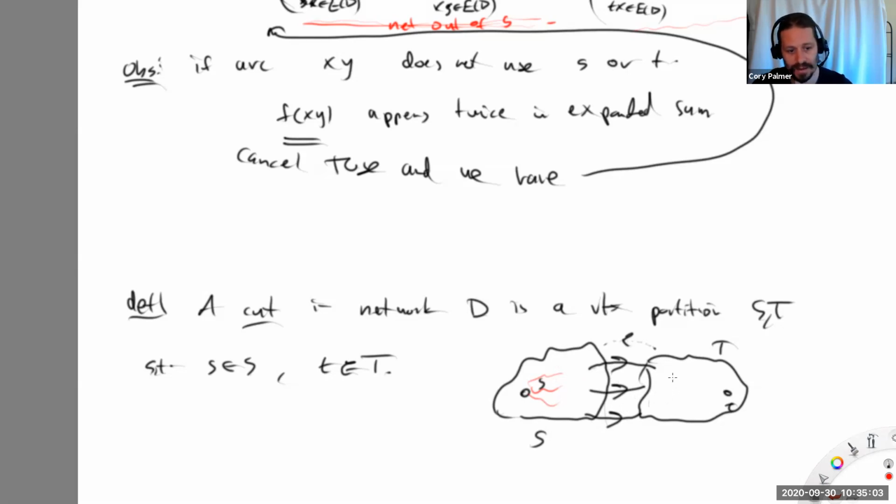And any flow that does get across, what can you tell me about that? At best, that all ends up in T, right? Actually, some of it could go back along one of these edges, but I'm just talking about an upper bound. So the value of a flow can't exceed what we call the capacity of this cut here. Okay.